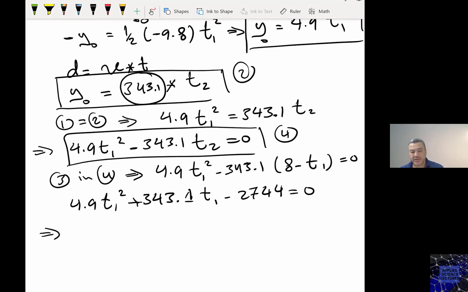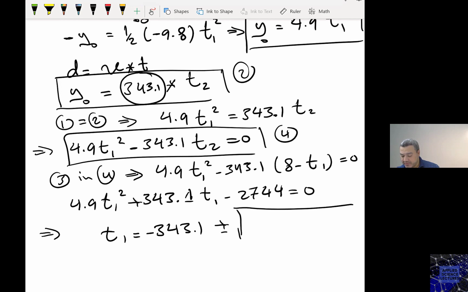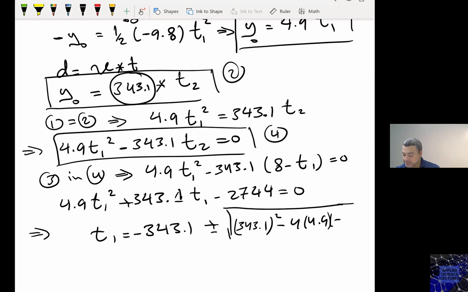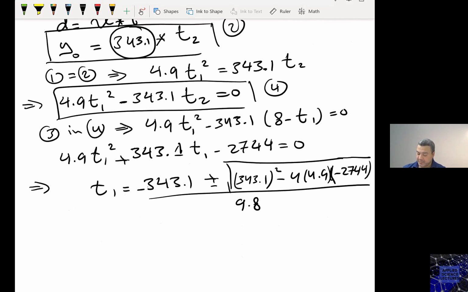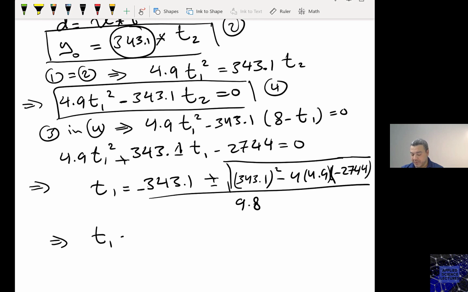Then, solving this equation, I have T1 equals minus B, which is minus 343.1, plus or minus the square root of B squared, 343.1 squared, minus 4AC, which is minus 4 times 4.9 times minus 2744, all divided by 2A, which is 9.8. Then T1 is going to be 7.24 seconds.